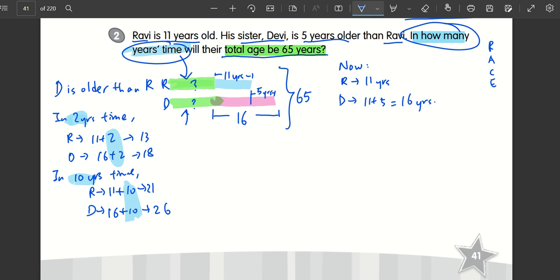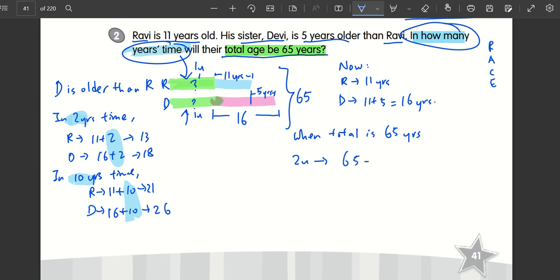So you have Devi now is 16 years, right? So in some years' time, when the total is 65 years, you get these two blocks added to it. So I can see them as one unit as a number of years and one unit here. So I have two units of number of years.